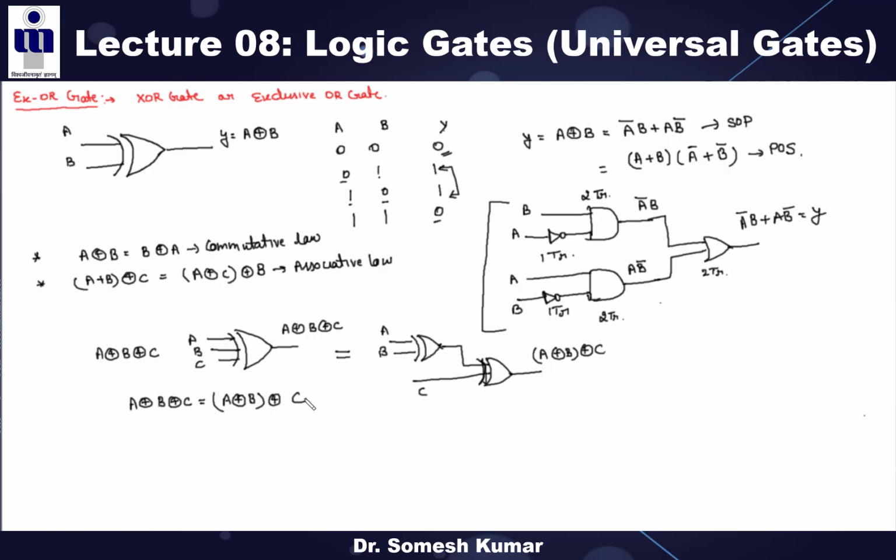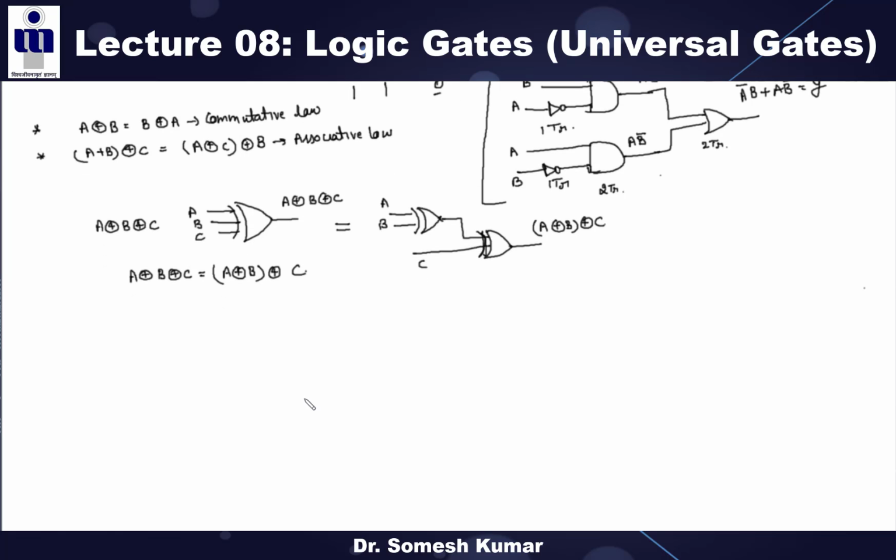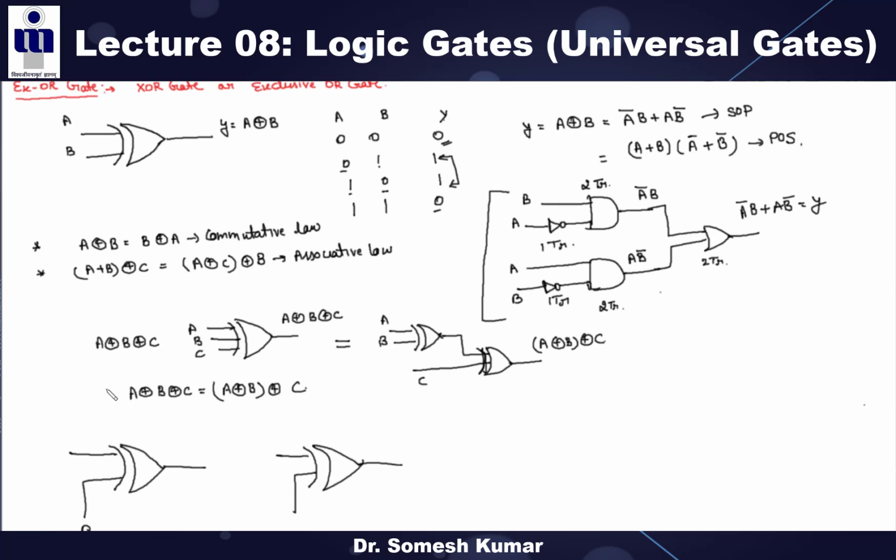Now enable and disable, similar to your previous gates. This is your one XOR and this is your one input. This is your second control input. Similarly here. Now tell me, if the control input is 0, then what does it mean? If the control input is 0, 0 is propagated here, and for the other control, 1 is propagated here.